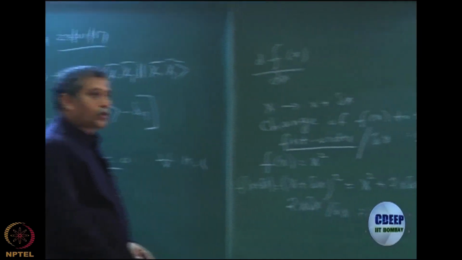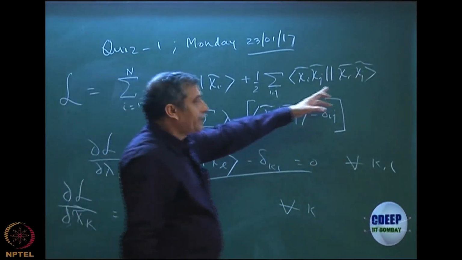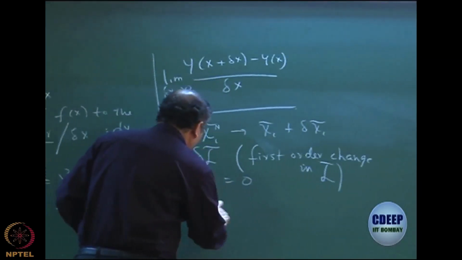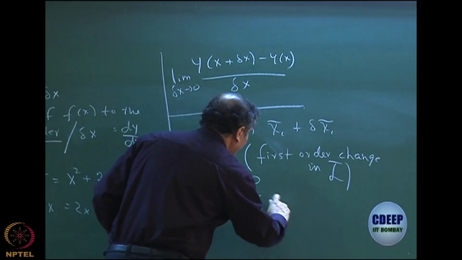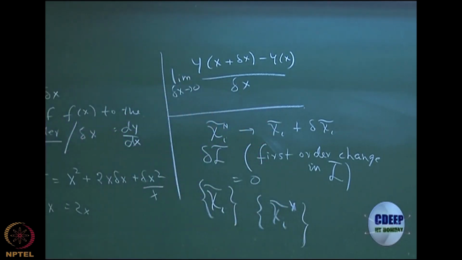Note again, there are two kinds of chi tilde, one on the left, one on the right, everywhere. So I have basically chi tildes as well as chi star tildes, correct? Now the question is, do I need to change both of them?